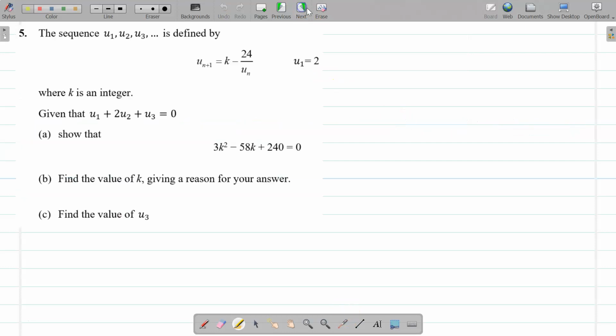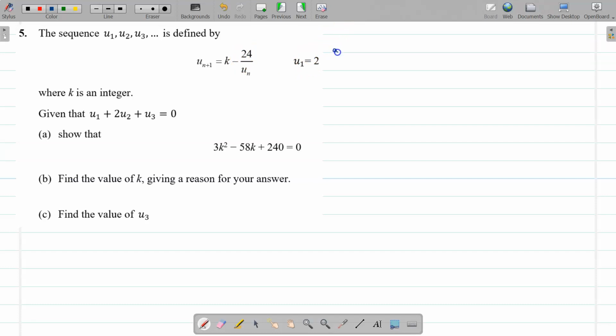Next question. This is about recurrence relationships, where one term of a sequence is defined in terms of a previous term. So what we need to do here is show that this result is true, and it involves knowing U1, U2 and U3. Well, we know what U1 is because they tell us here. So what's U2?